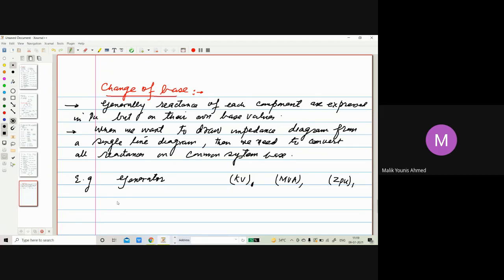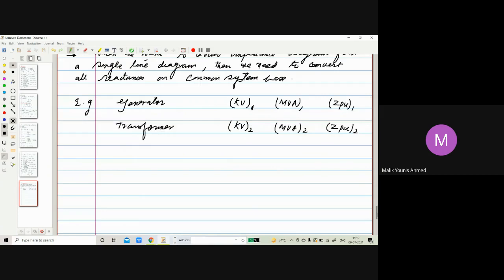Second, let's say I have a transformer. What will be known to me? Again, the known will be the arbitrary bases, the voltage base and the apparent power base. Then I'll be able to find the impedance value in per unit. Third, before the motor, because that's a load, the transmission line.